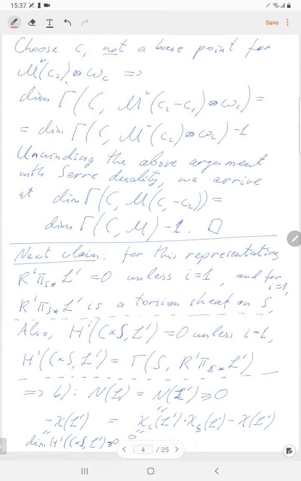And since there is only one direct image, namely the first direct image, then this spectral sequence that I mentioned degenerates at E2, and there is just one term, and it is equal to the desired cohomology. So this equality here just immediately follows from the spectral sequence.